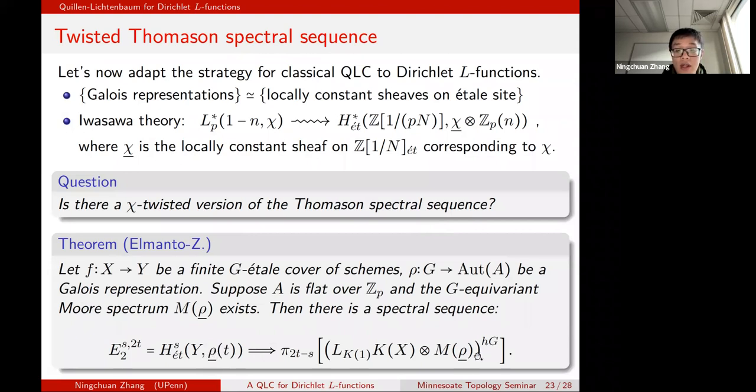And on the algebraic K theory side, we twist the spectra by the equivariant Moore spectra associated to rho. If we want to pursue this way, then the next step is how to do this on the Nisnevich side, because that's where algebraic K theory actually lives, and that's more complicated, and we're still working on that.